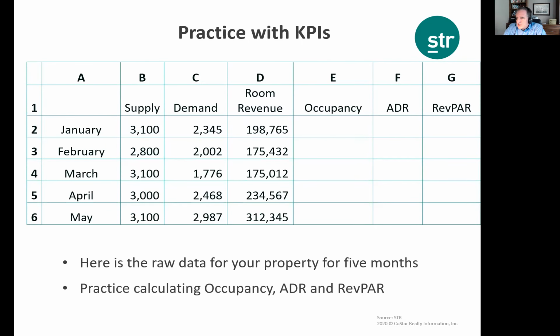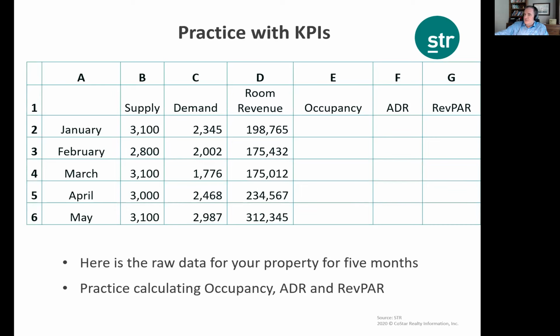We have a little exercise in here practicing with the KPIs. At this point in time, typically what we do in a workshop, or what we suggest a professor do in class, is have students bring out their calculator and actually do the math. And you go through here. This is built into the PowerPoint. Feel free to practice with this on your own.